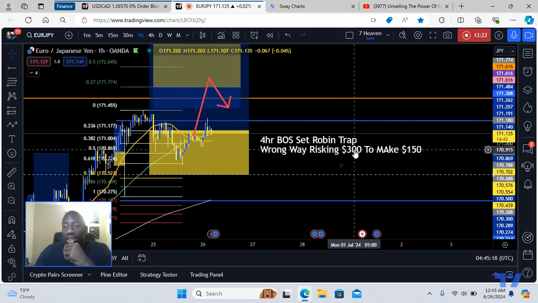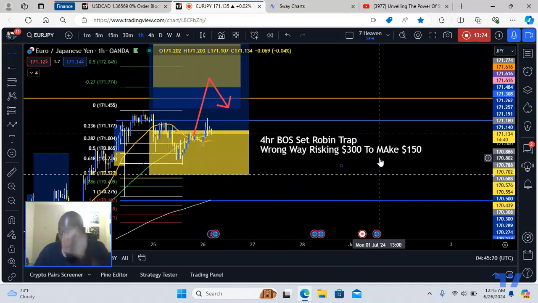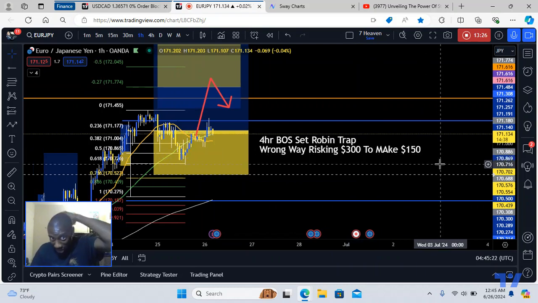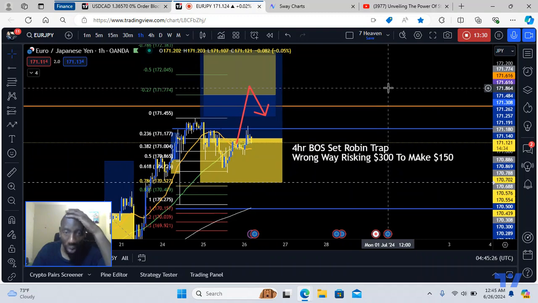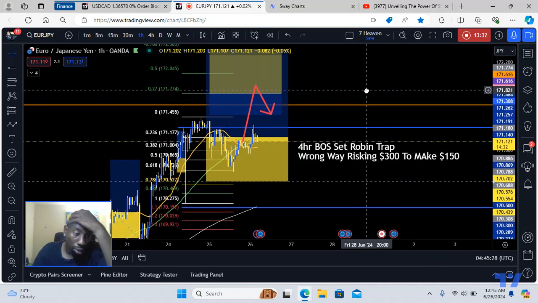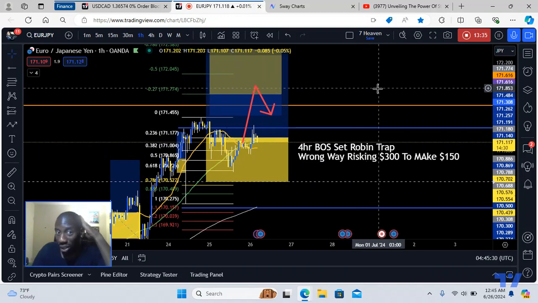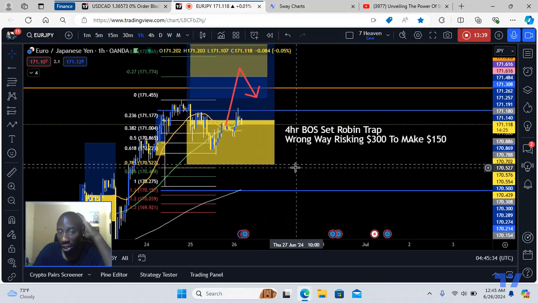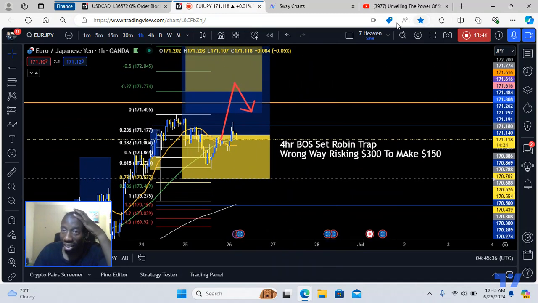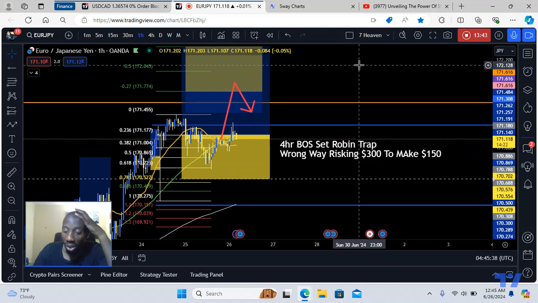So that's why I'm risking $300, a little bit more than I normally would, to make $150 on this one. I would usually just cap it at 200, but probabilities. I trade the probabilities, bro. That's what makes the coin. All right, so definitely keep that in mind.